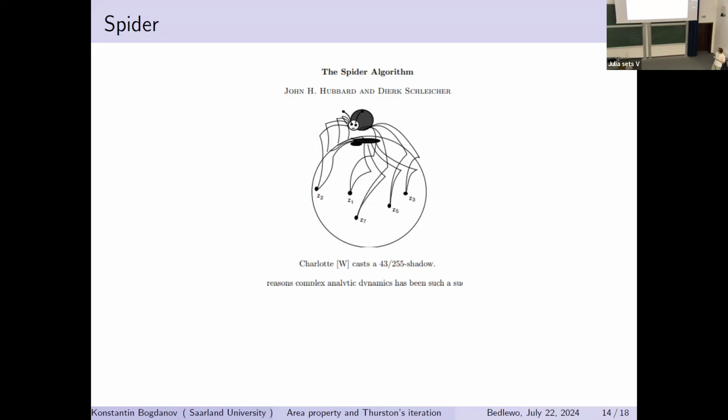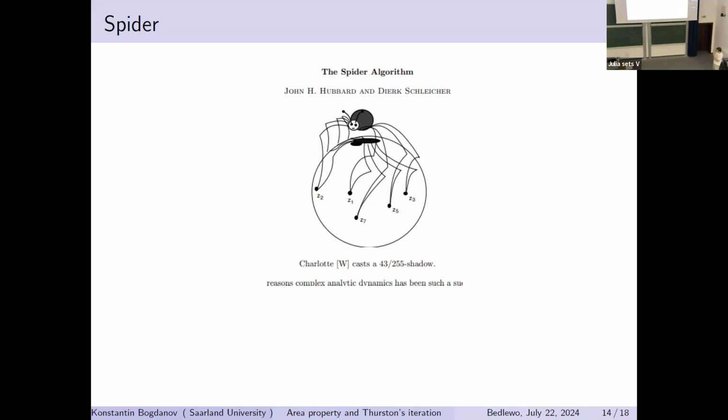But the problem with the spider algorithm is that it encodes the information not in terms of the quasi-conformal dilatation, but rather in terms of wiggling of spider legs and the distance between the feet of the spider. So basically, the spider legs encode the homotopy information, and spider feet encode the moduli space information.